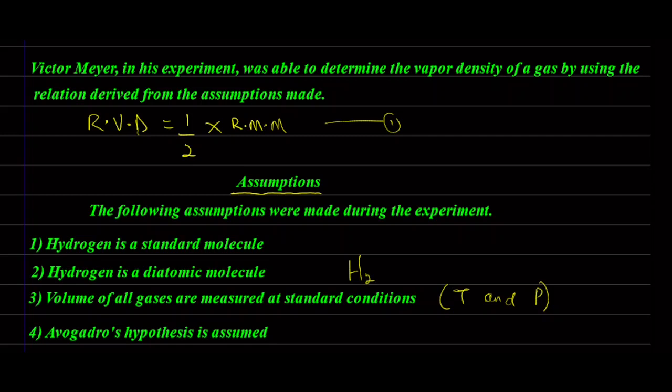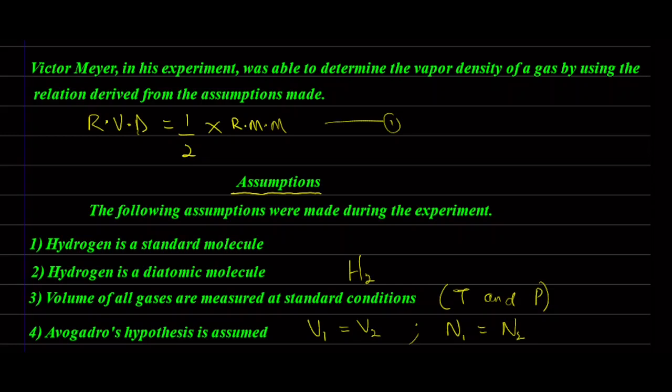And what is Avogadro's hypothesis? It tells us that if the temperature and pressure remain constant, equal volumes of all gases will contain the same number of molecules. That means if V1 equals V2, then we can say that the number of molecules N1 equals the number of molecules N2.